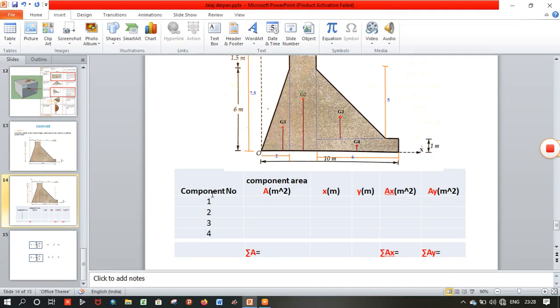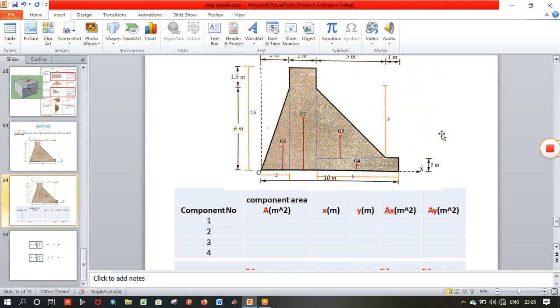So now we need to plot these tables. The components 1, 2, 3, 4, and the component area in square meters for each component. x is the centroidal distance from the x-axis, and y means the centroidal distance from the y-axis.